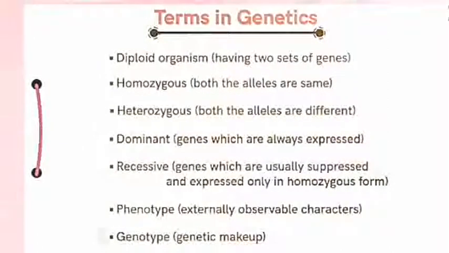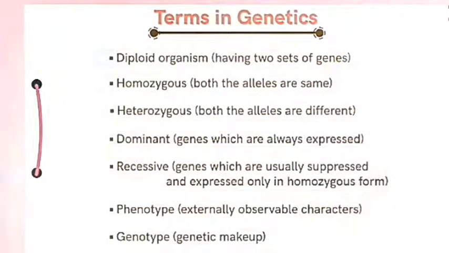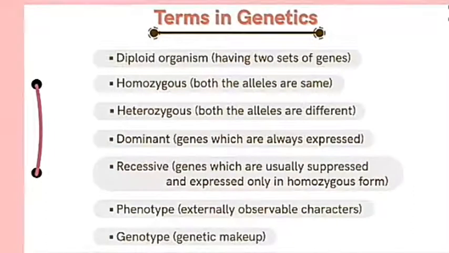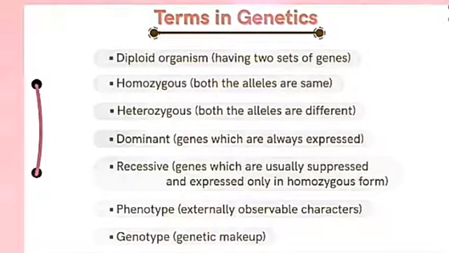Homozygous means both the alleles are same. Heterozygous means both are different. Dominant means the genes which are always expressed. Recessive means genes which are usually suppressed and expressed only in homozygous form. Phenotype means externally observed character, while genotype means the genetic makeup of an organism.